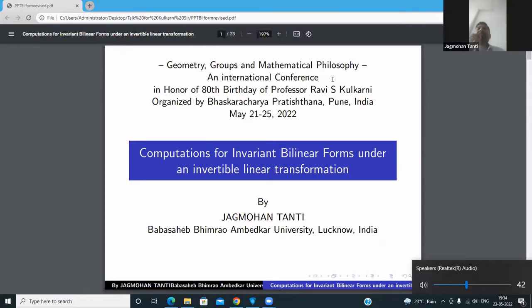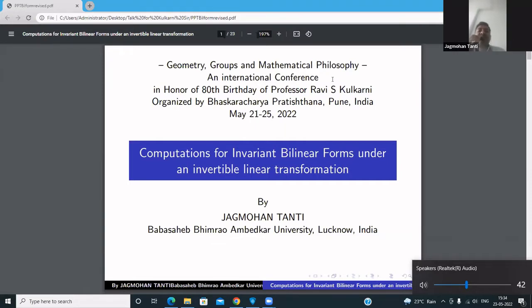Then we considered all types of similarity classes of linear transformations and computed the invariant bilinear forms, their dimension, and also talked about the existence of non-degenerate invariant bilinear forms.